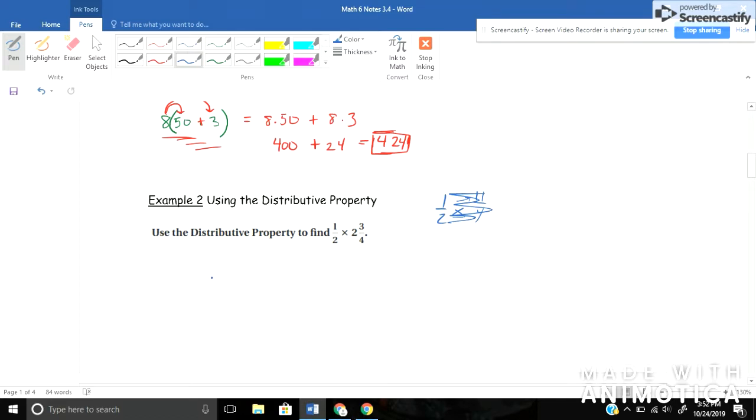in a different way. So we're going to take our first number and we're going to multiply it by the second number, but we're going to break this down into two numbers that are a little bit easier to think about. So we're going to break 2 3/4 down just right here, just similar to what we did the first number. So we're going to break it down into 2 plus 3/4.